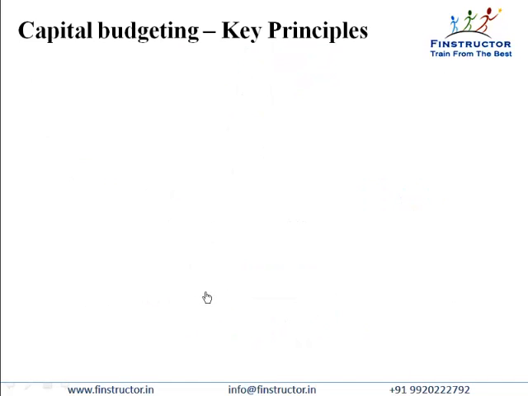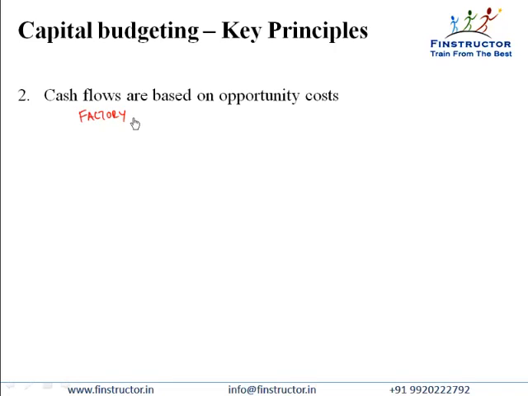So that is the first principle, that is, decisions should be based on cash flows. Second, cash flows are based on opportunity costs. So let's say that you start a factory and the factory generates $100 every year. Now, this is what the expectation is for the near future.